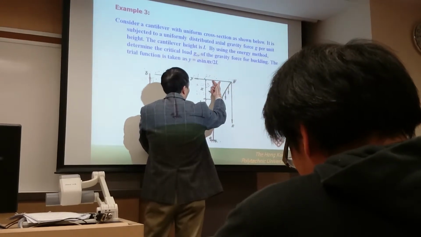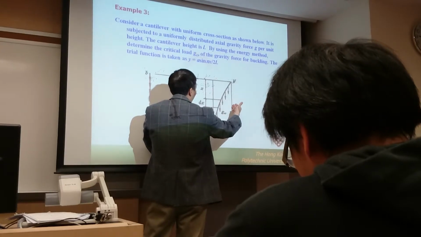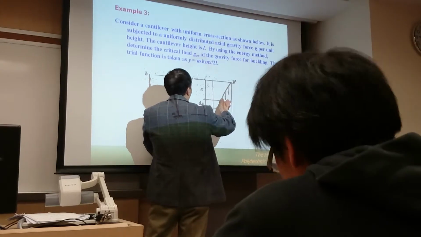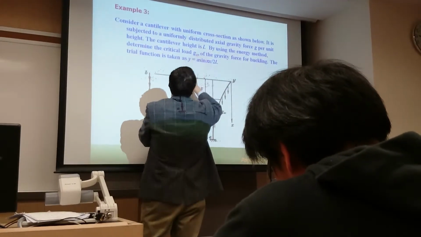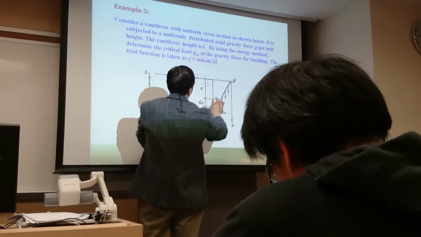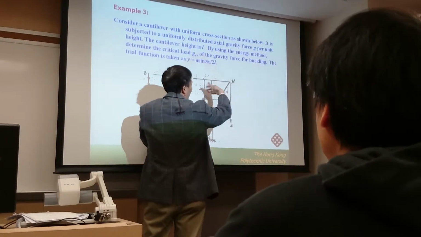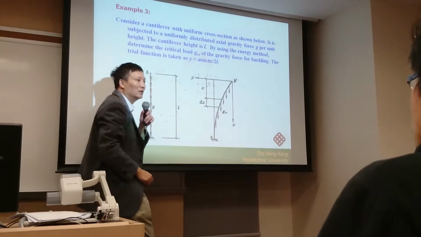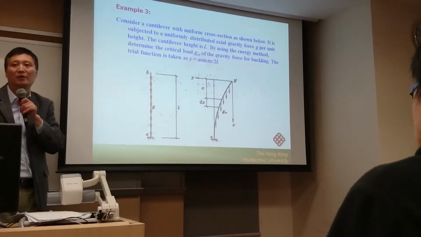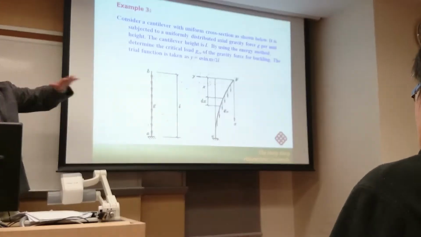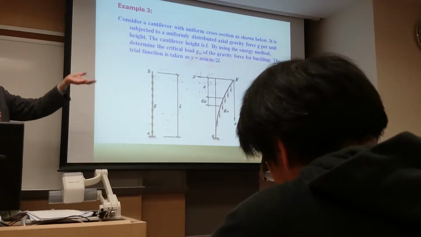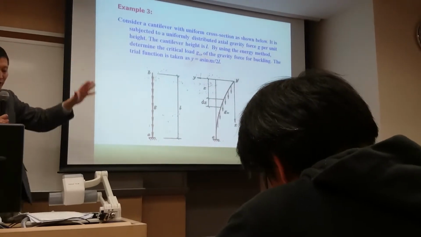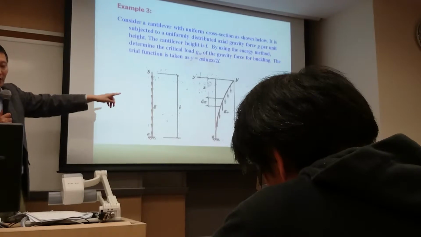Because we have a distributed force, if you cut off this section, the total force applied on this segment is the distributed force intensity, which is equal to q, times x. So q times x is equal to the total force applied, right? And then N is equal to q times x times A, correct? So this is a force equilibrium. That's all. You just need to cut off any cross section, take the segment above this section as a free body, and based on the force equilibrium in the vertical direction obtain the expression for N(x).